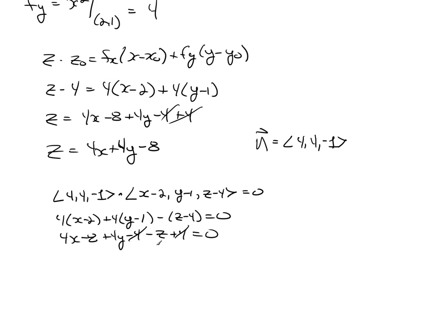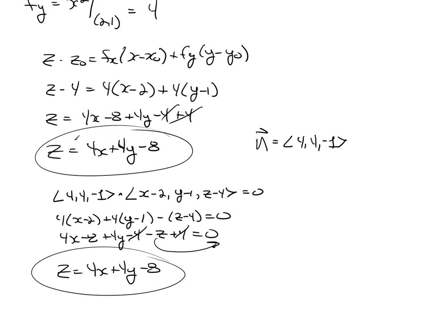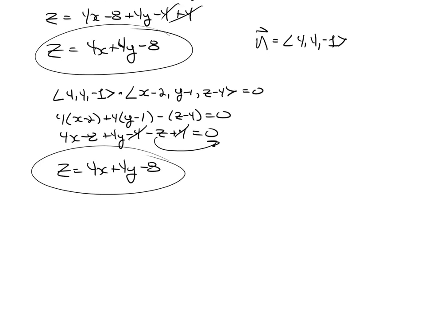Those 4's go away. Bring the z over, and I'm going to have z equals 4x plus 4y minus 8, which is the exact same thing that I got up here.